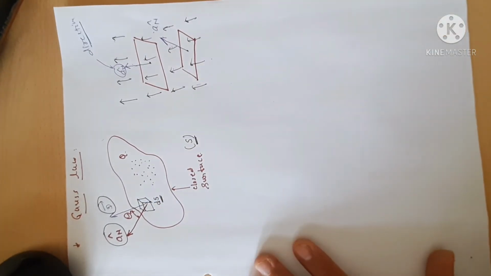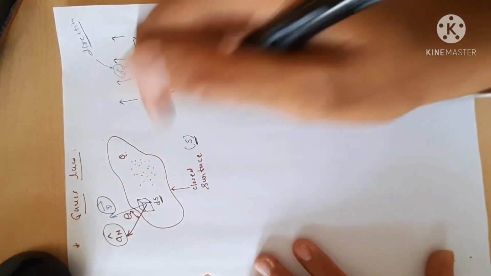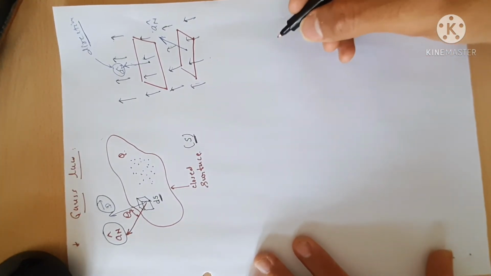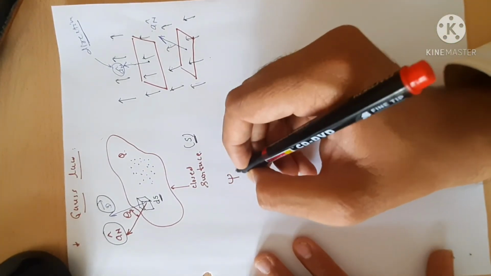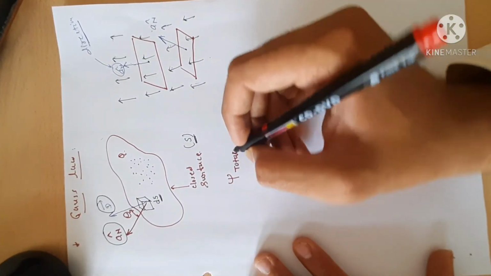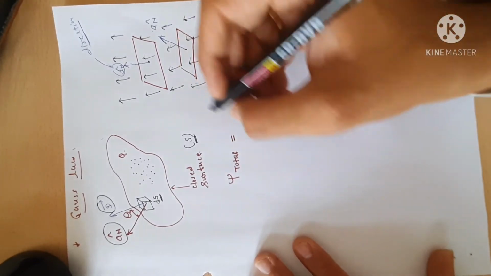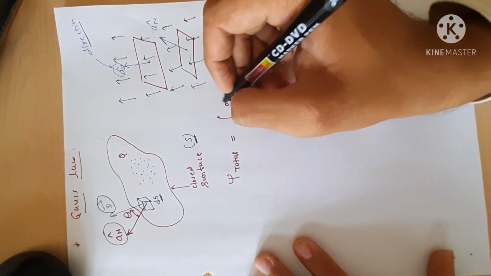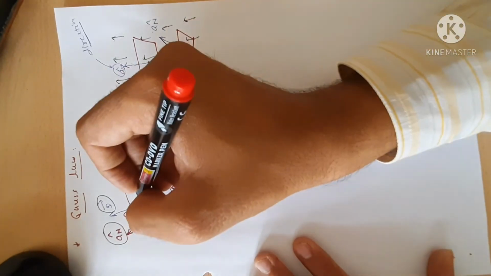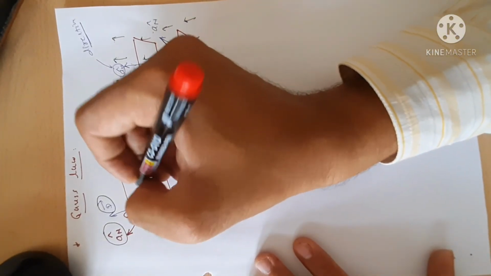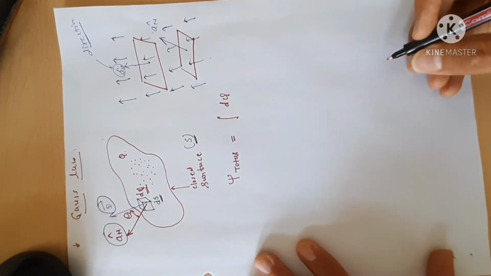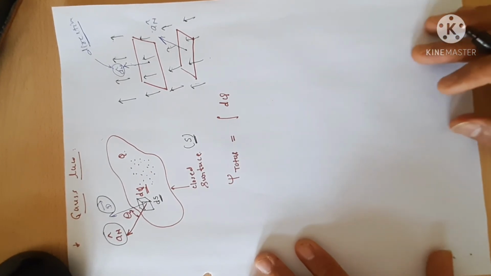Based on that, the total flux passing through this closed surface, psi total, is nothing but the integration of dQ. What is dQ? dQ is the charge inside the differential surface.